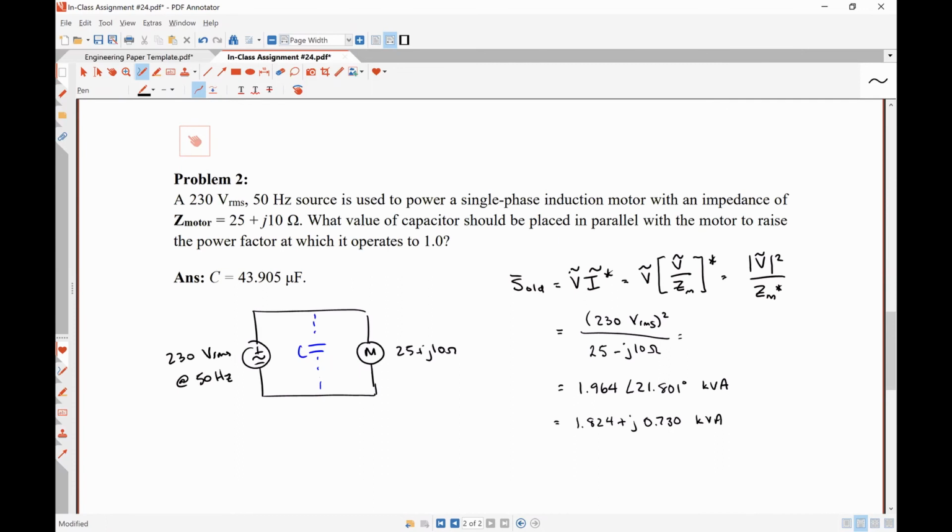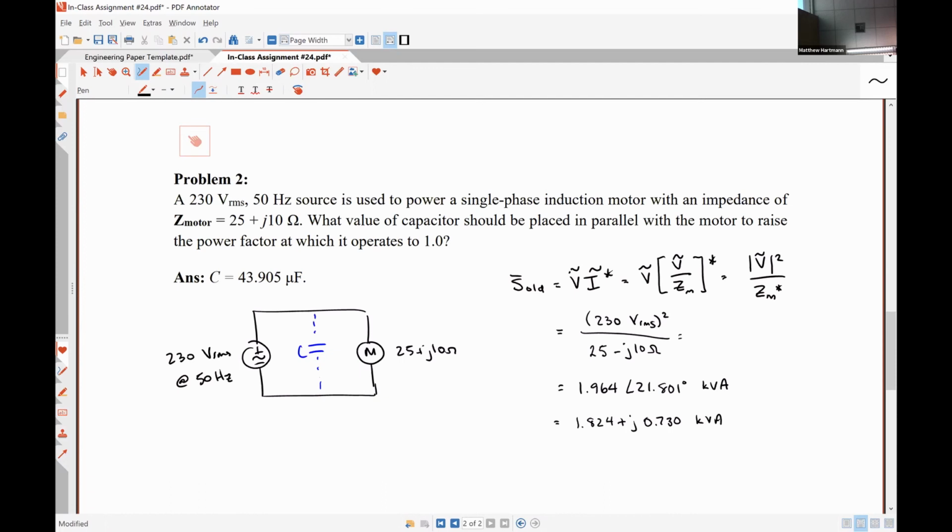All right, so we can actually skip ahead here, and let me explain my reasoning. We know that the average power that's absorbed by the motor is going to stay the same. And we're changing the power factor from whatever it happens to be right now, didn't bother calculating it, to a power factor of 1.0. Well, what does a power factor of 1.0 mean?